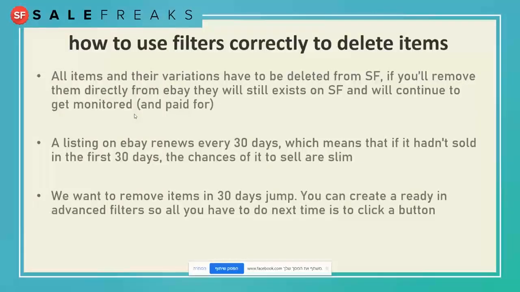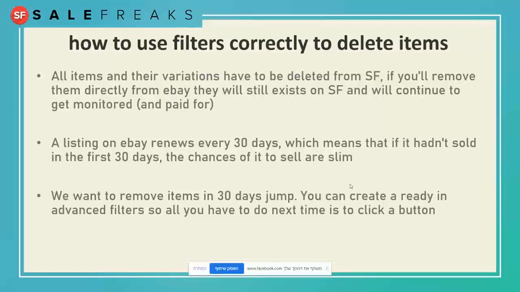So no chance you'll be selling this anytime soon, right? A listing on eBay renews every 30 days, which means that if it hasn't sold in the first 30 days, the chances of it selling are slim. When you upload an item, it has a life cycle of a month, of 30 days.